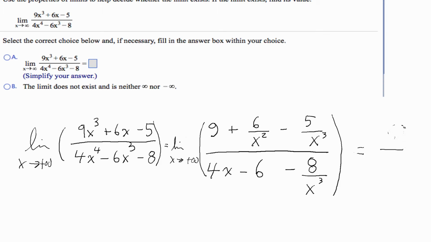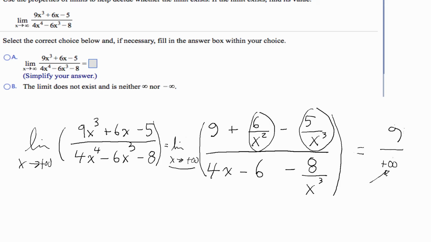And the denominator is getting close to what? The numerator is getting close to 9 because this is getting close to 0, and this is getting close to 0. But the denominator, since x is approaching positive infinity, is getting close to positive infinity. Now, this is a horrible abuse of notation when I put positive infinity there.